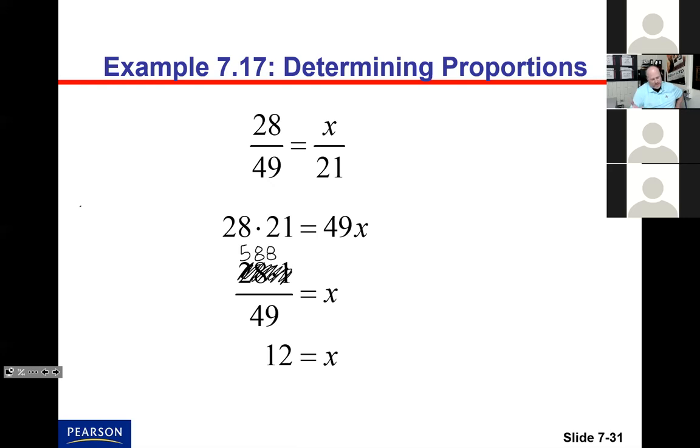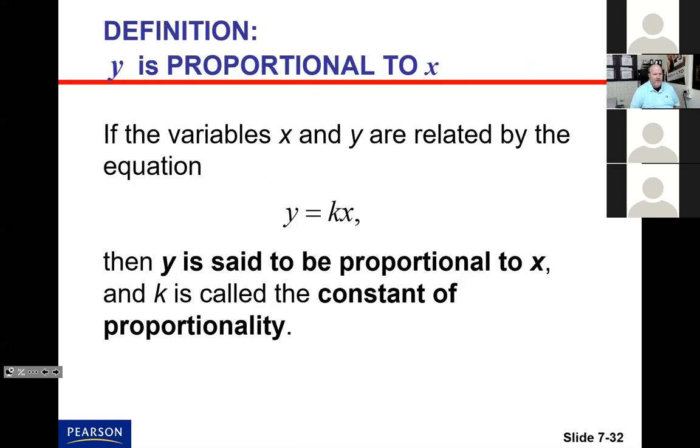Okay, so then you could say something is proportional to something if y is equal to x, and you can put a k value in here. This k value could be anything. It could be a regular number, a fraction, or a decimal. But we can say they're proportional to each other.